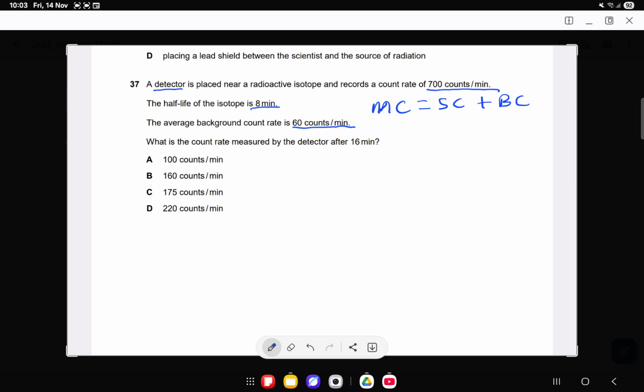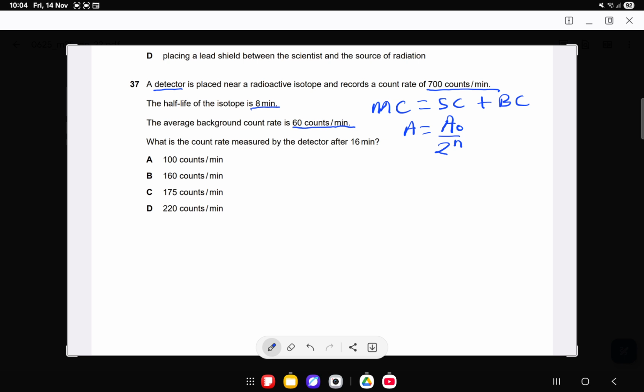Also, let's take note of our radioactive equations. The first one: A, which is the count rate after a specific amount of time, is equal to your initial count rate, A naught, that is when time is 0, over 2 raised to the power n, where n is the number of half-lives.